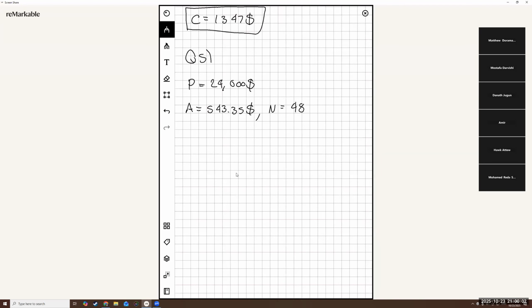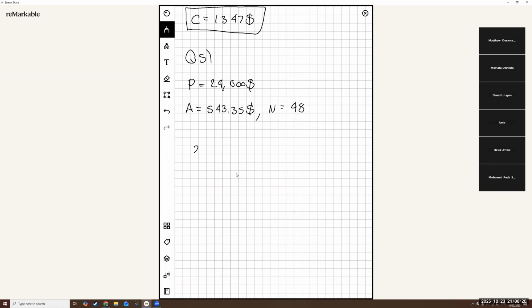Let's find the interest rate here. Since our n, which is equal to 48, is in months, it's representing the amount of months. That means the interest rate we will calculate from this is for a month.